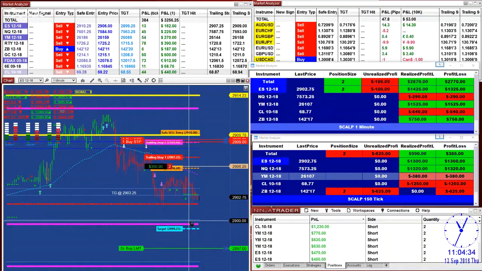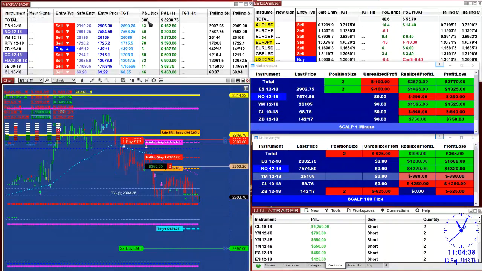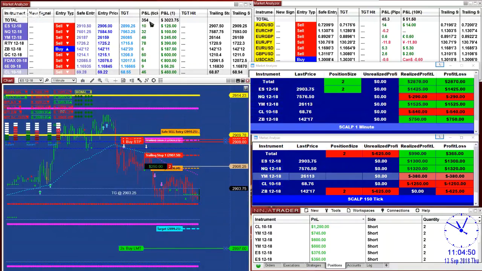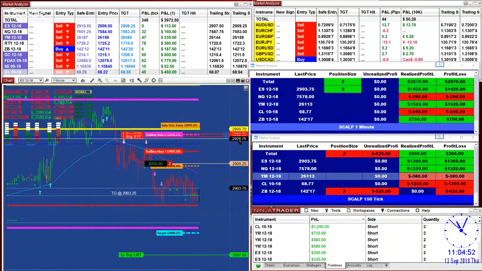We are 382, 380 ticks based on the last entry signal, not all day long. 380 ticks, one contract, 1 minute, market analyzer, and now 350.